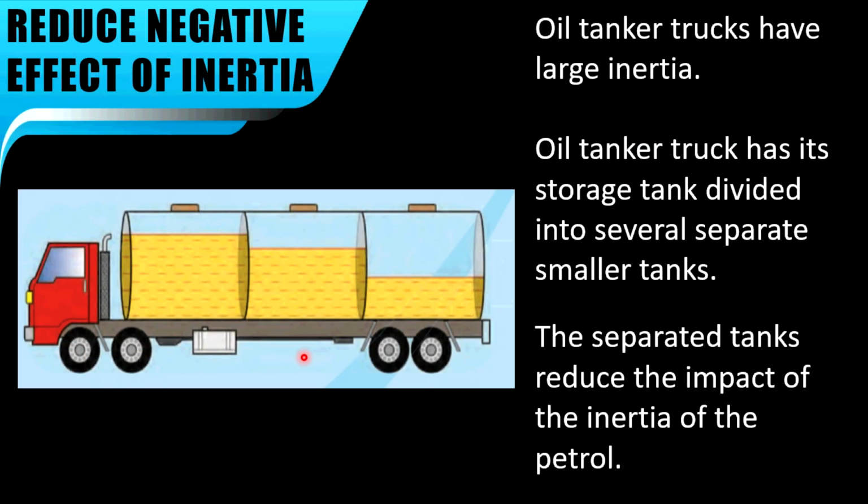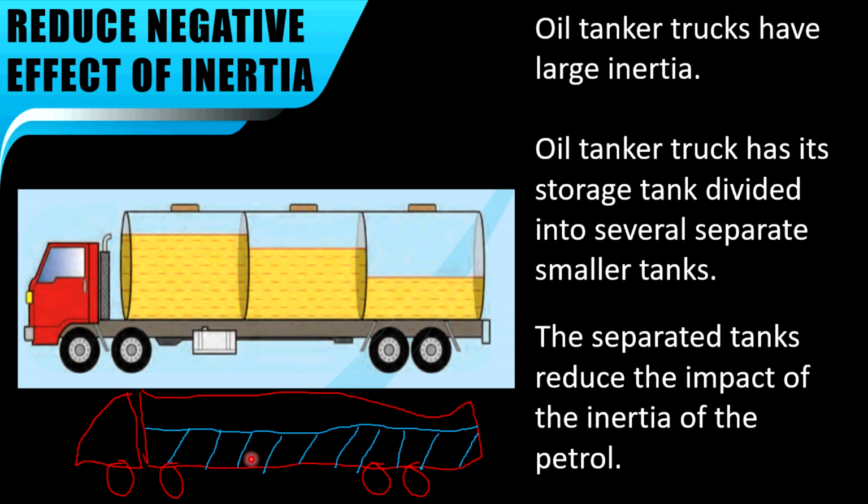This oil tanker has huge mass, meaning it has bigger inertia. Hence, it will be harder for the tanker to stop on time. To reduce the negative effect of inertia, the oil normally will be placed in a few smaller compartments. When the tanker arrives at one station, one compartment will be emptied.